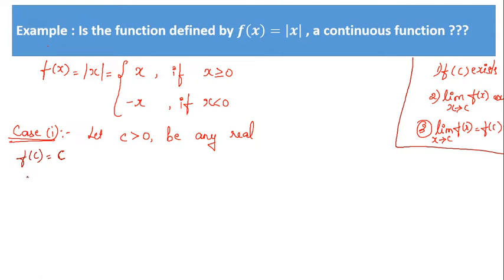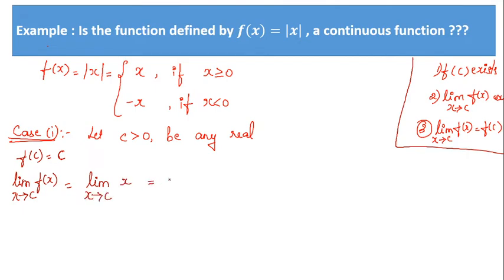Now you go for the second condition. You have to check the limit of f of x as x tends to c. When c is greater than 0, when x is greater than 0, the function f of x is defined as x itself. So here in place of f of x, we can replace it by x, as x tends to c.